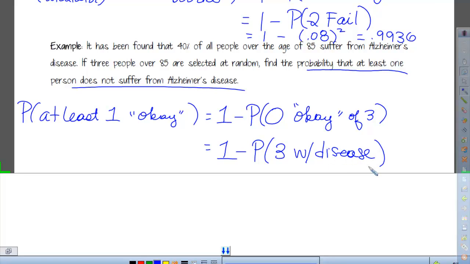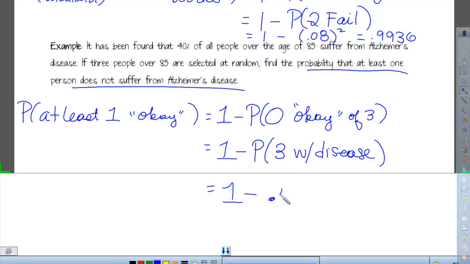Okay? And so we're talking about disease and disease and disease, which means multiplication rule. And we ask ourselves, are these things dependent or independent? We're going to treat them as if they're independent. Okay? We talked about that last time. So we get 1 minus the probability of the disease is what? 40%.